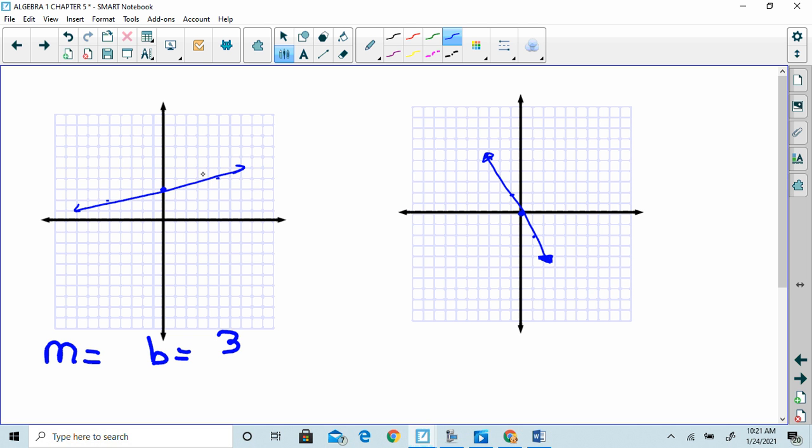I then find those 2 points that are connected at a corner and count up. In this case, it's positive, up 1 and over 1, 2, 3, 4, 5, up 1, 1, 2, 3, 4, 5. Okay, so we see that those points all fall there, so that my slope is 1/5. Equation, y is equal to 1/5 x plus 3.